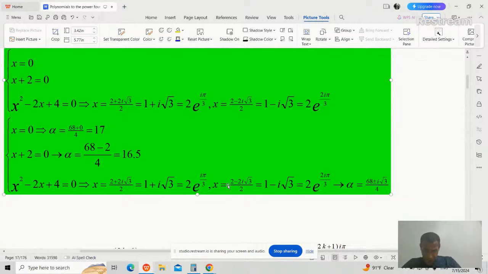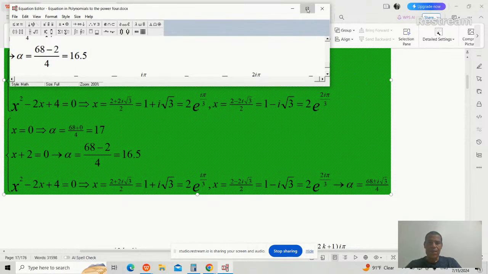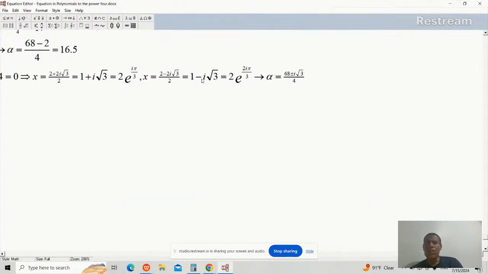I'll just check this one. Therefore alpha comes here, Mr. Murad. We told this is 1 minus i root 3, plus this, I will make 2 times.